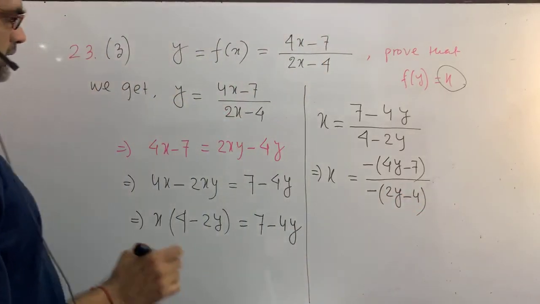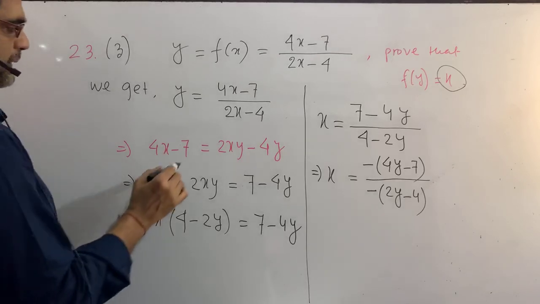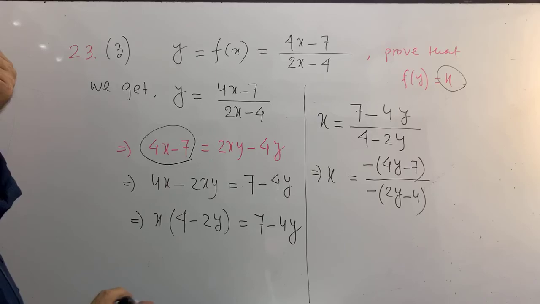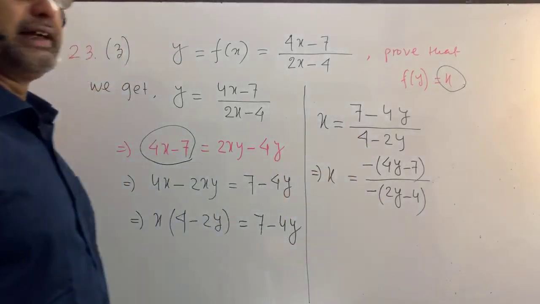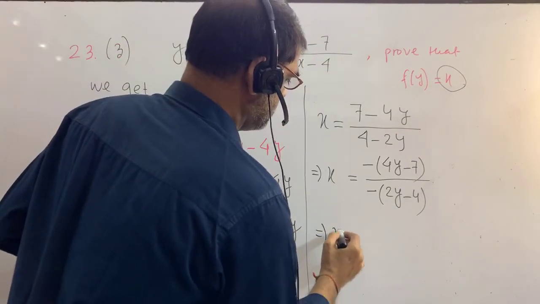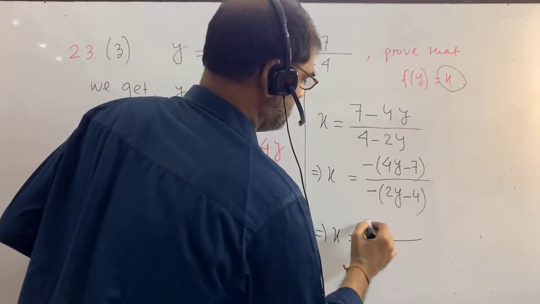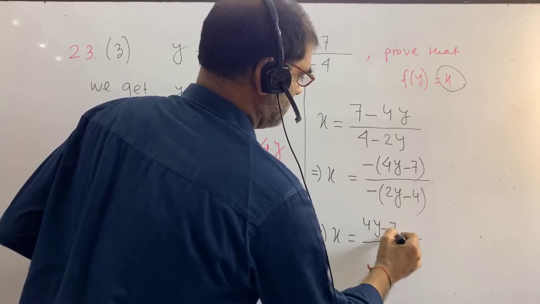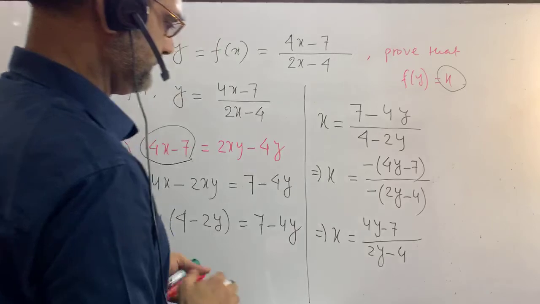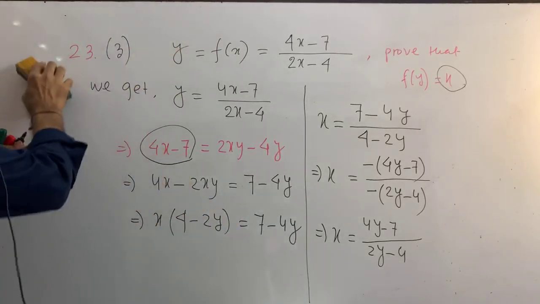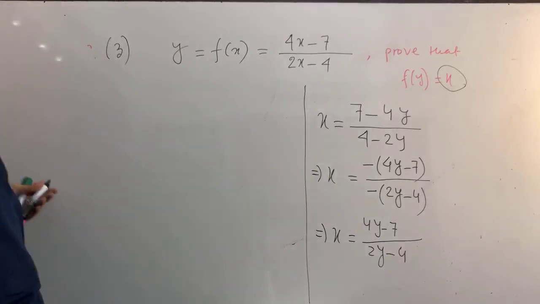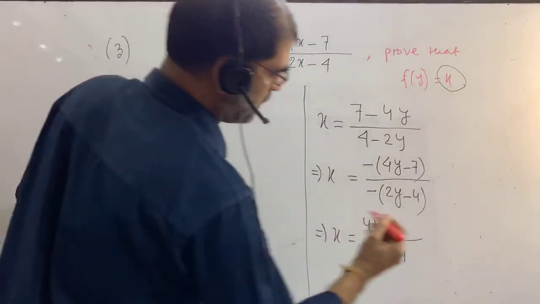But dear students, if you write this on the right hand side, the minus part won't be there. So we are getting here x equal to (4y minus 7) by (2y minus 4). Now you mark it as equation 1.